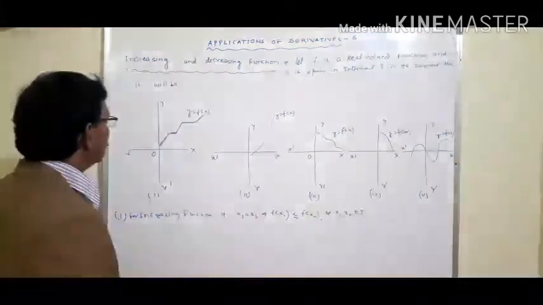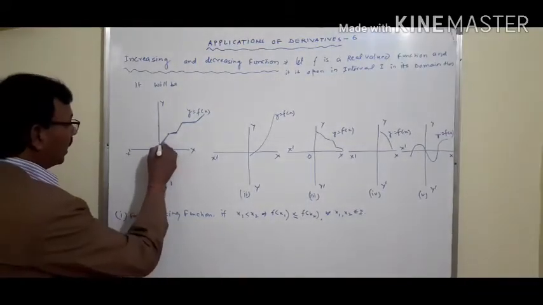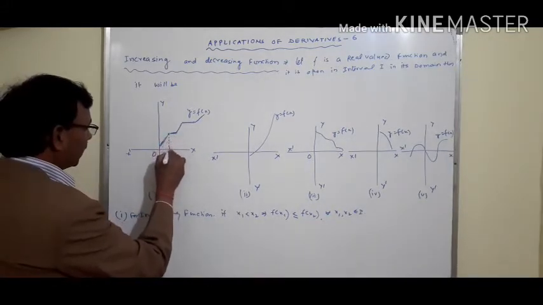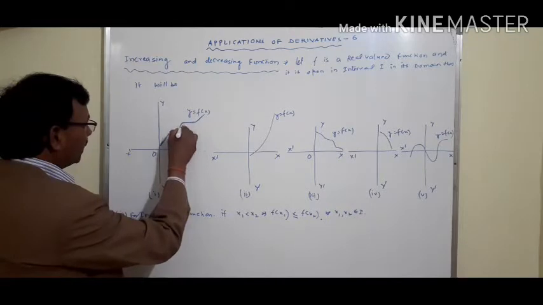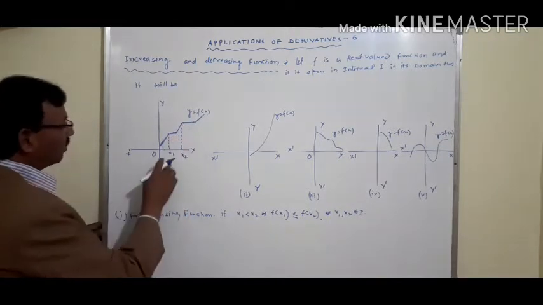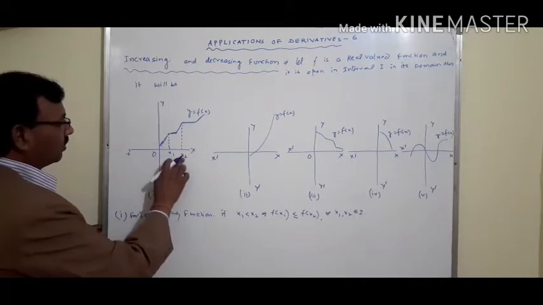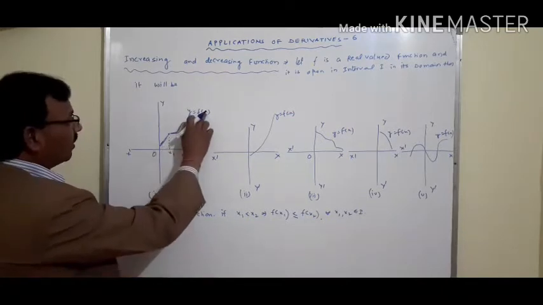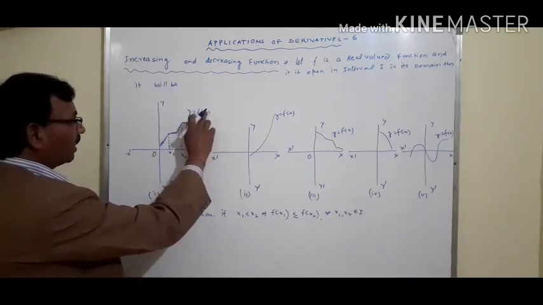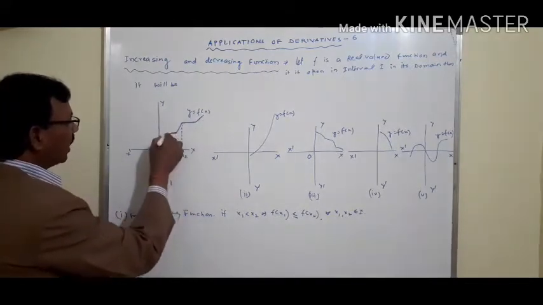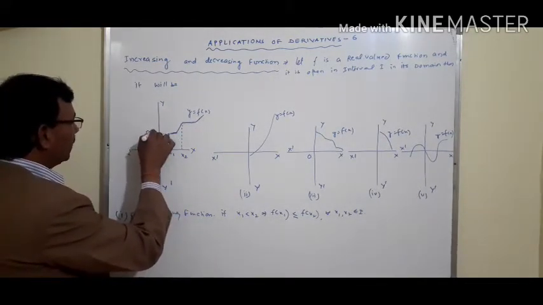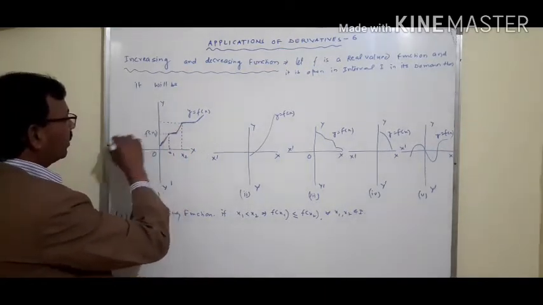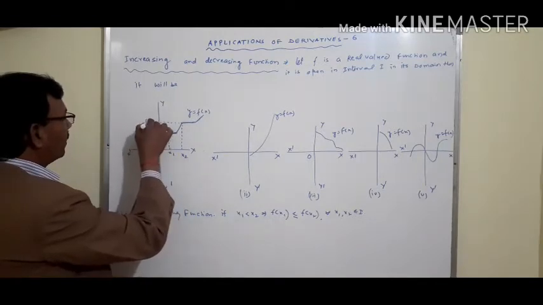What is the meaning of this? Suppose we take on the x-axis, this point is x1, and this point is x2. Now it is clear x1 is less than x2. If we put x1 in the place of x in this function, then the value of y will be f of x1, and on the point x2, the value of y means f of x2.